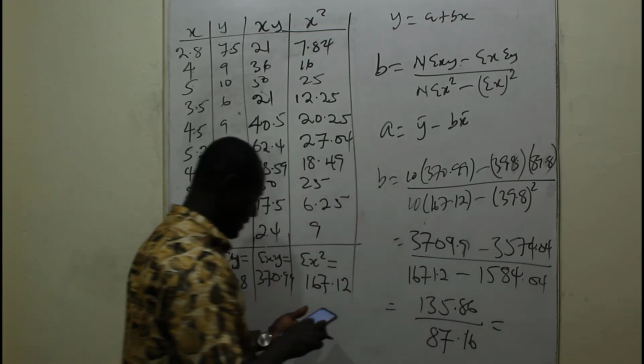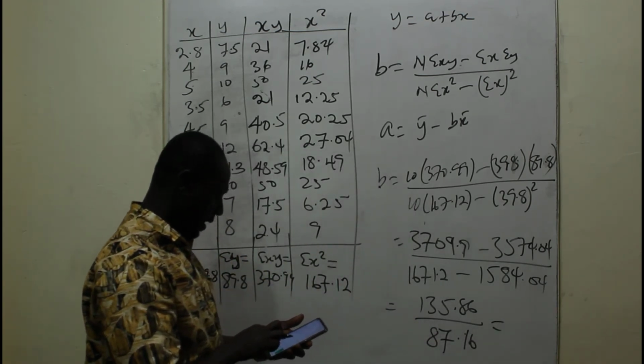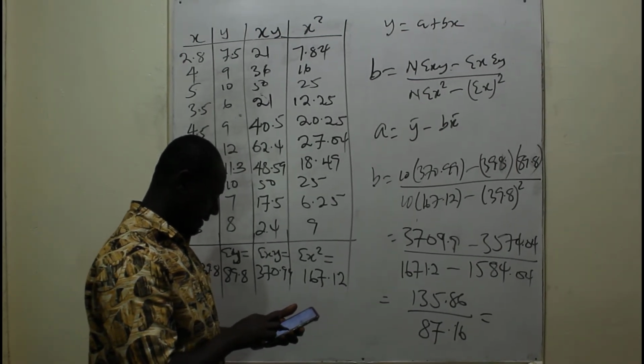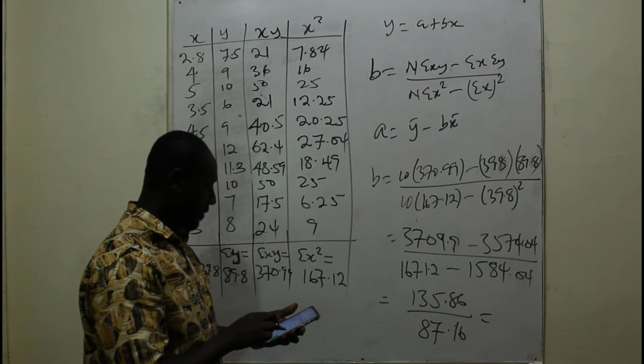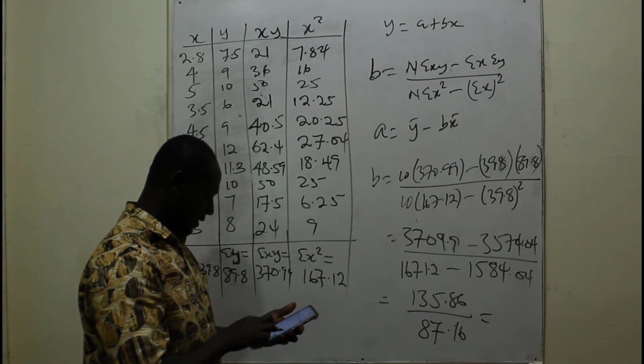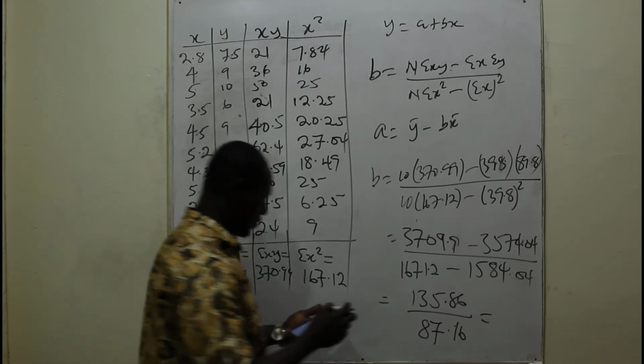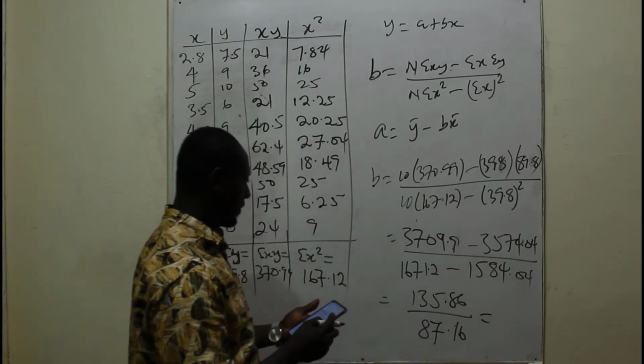So let's divide 135.86 by 87.16, and that gives you, are we doing the right thing?